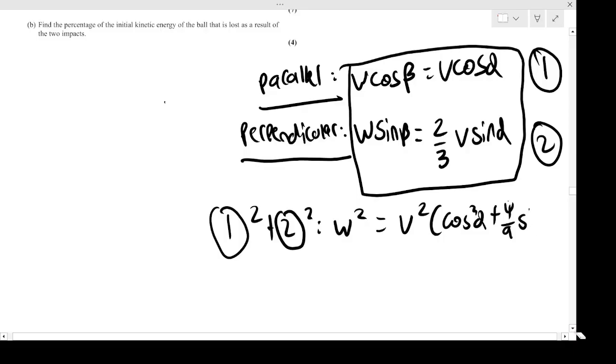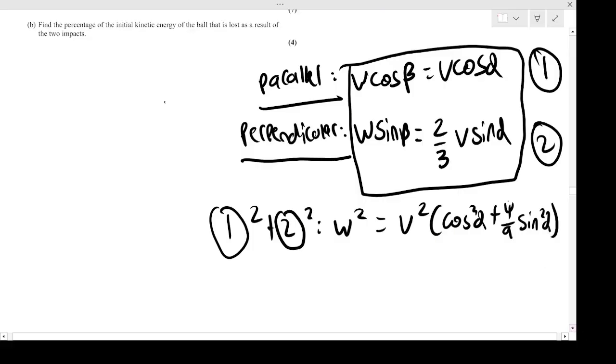So again, we won't be able to deduce what w is, because I can't simplify this trig expression because it's not cos squared and sine squared, it's cos squared and 4/9 lots of sine squared. So I can't do anything else to this.